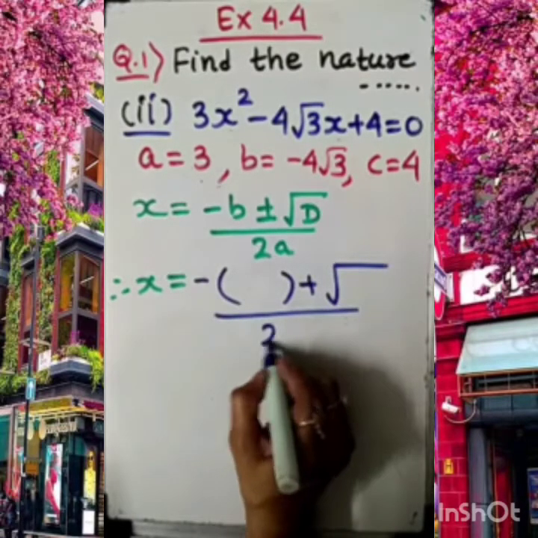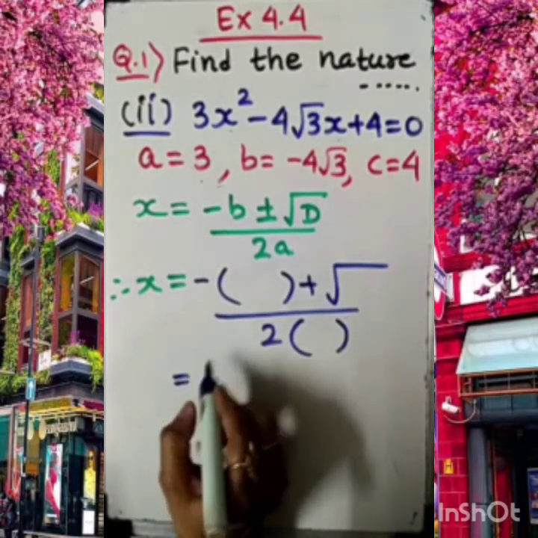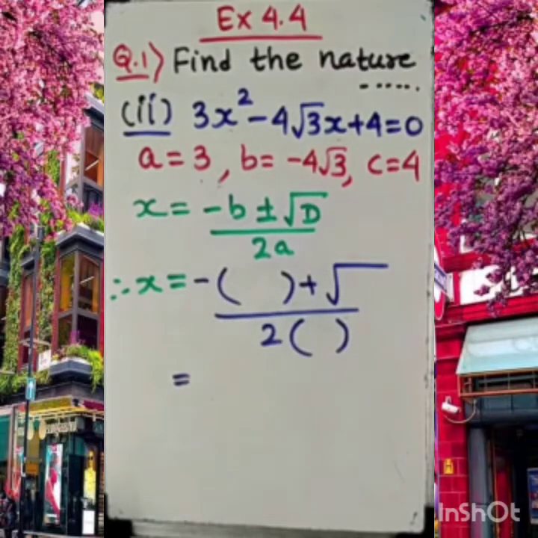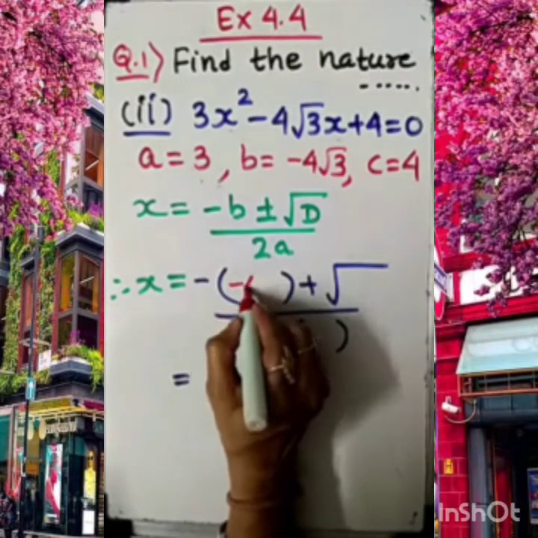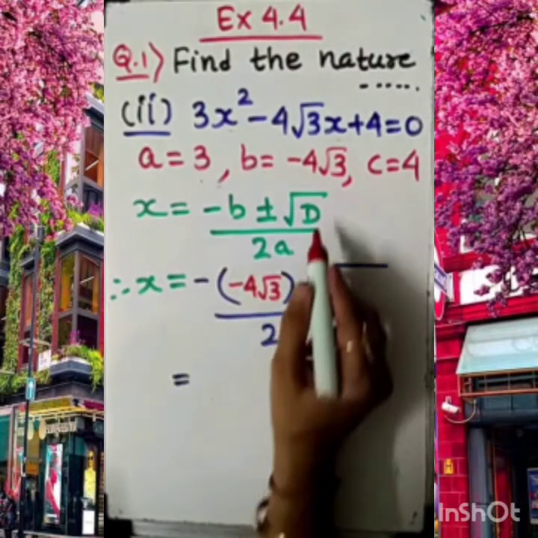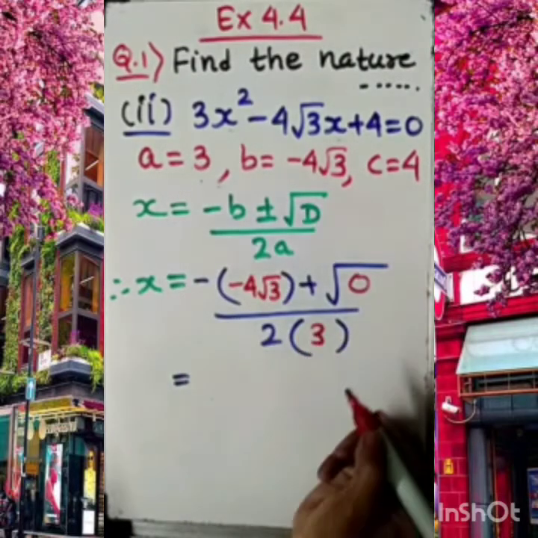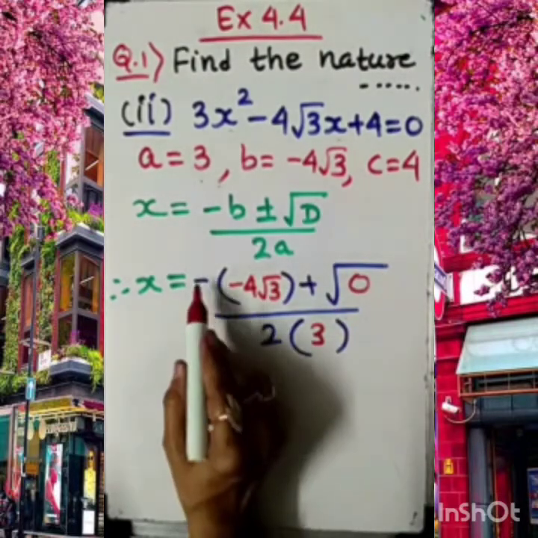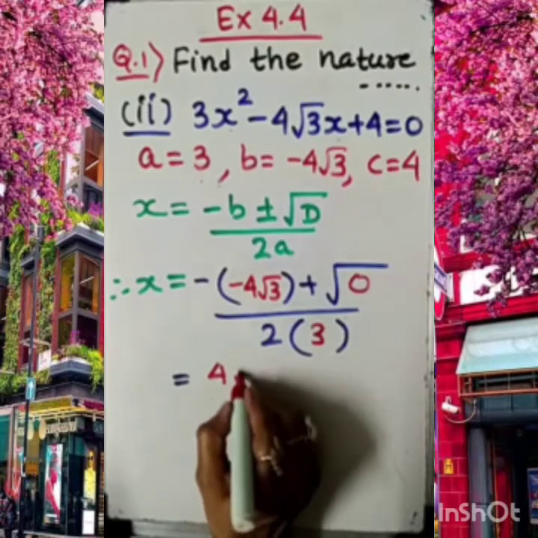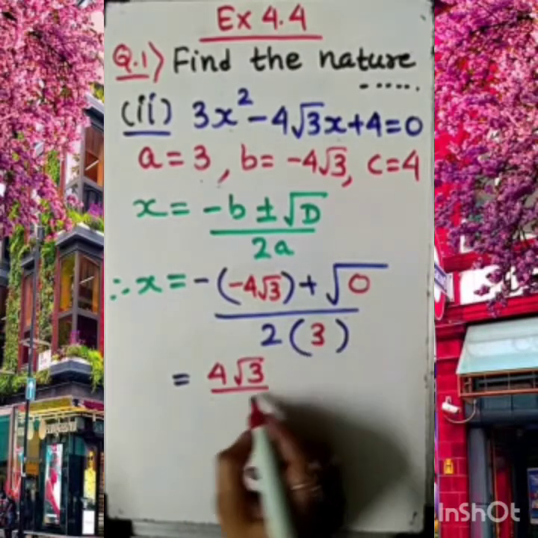What is the value of b? According to this, the value of b is −4√3. D we already found, that is 0. a is 3 here. So this term will become 0. Minus minus is plus. So 4√3 by 2 times 3 is 6.